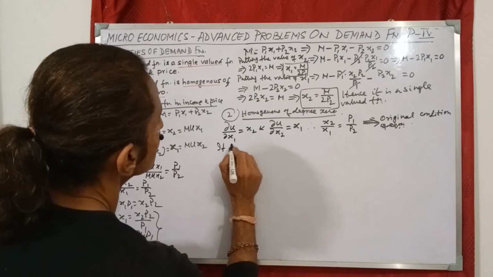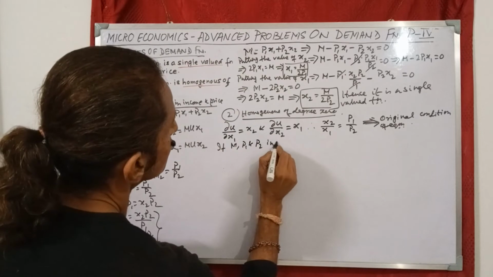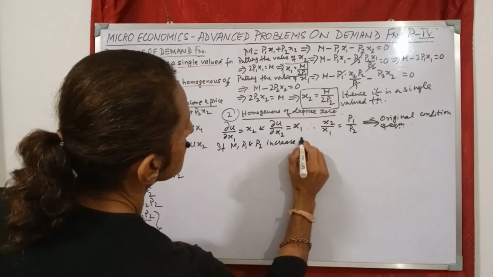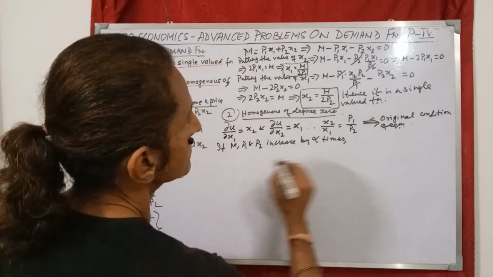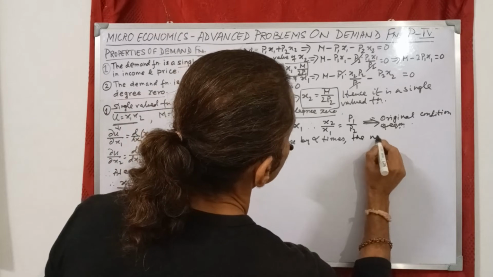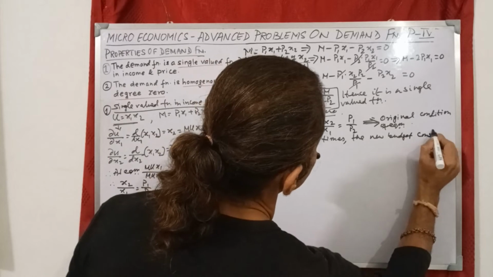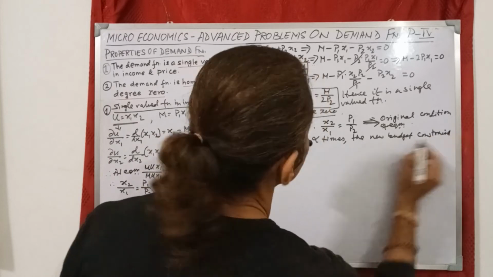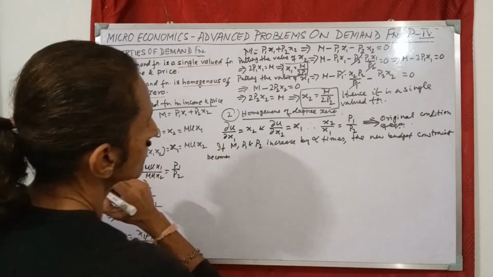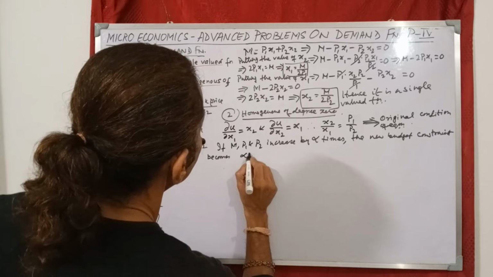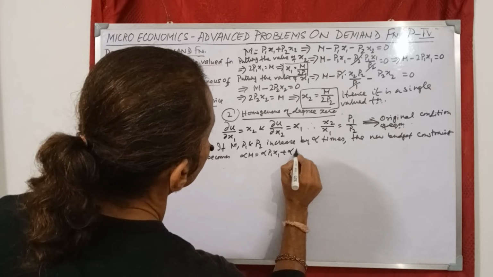So if M, P1 and P2 increase by alpha times, the new budget line or budget constraint becomes alpha M equals alpha p1 x1 plus alpha p2 x2.